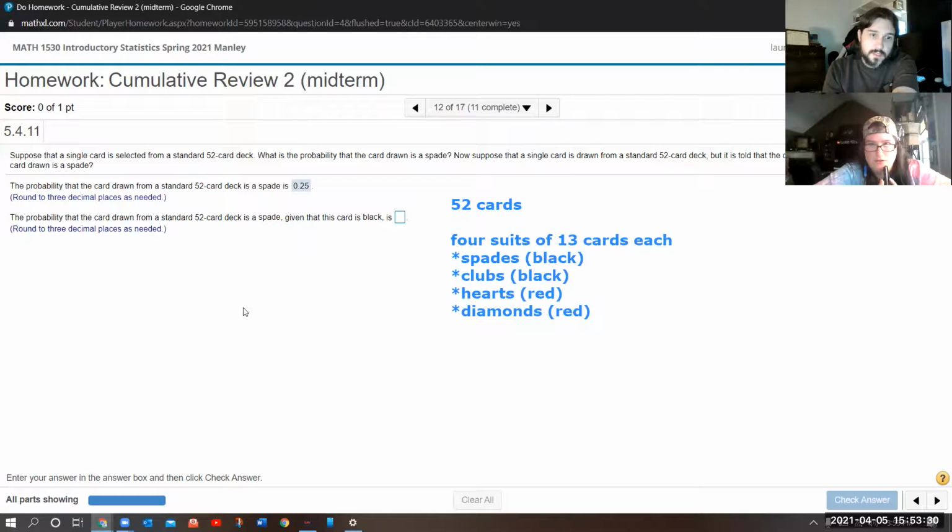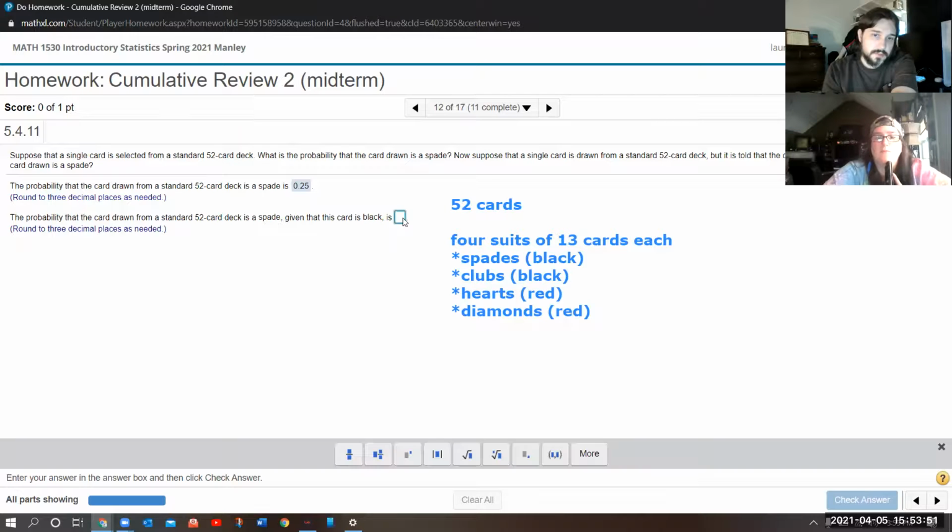We have 2 black suits and one of the black suits is spades. So what's 1 over 2? 1 over 2. Yeah. I'll put that off the top of my head. 0.5. Yeah, 0.5. So that's your answer.